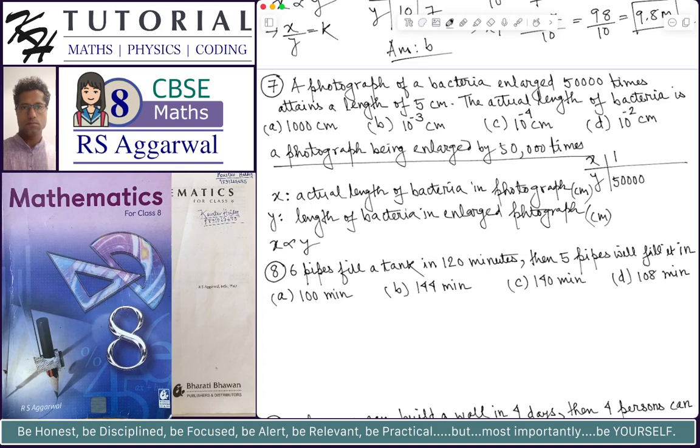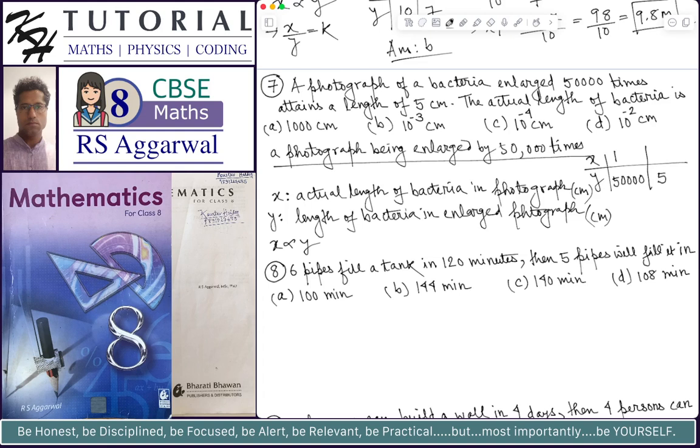This is one data that it has given. Now, the second data is that it is asking the actual length of bacteria when the photo has been enlarged and its length is 5 centimeters.